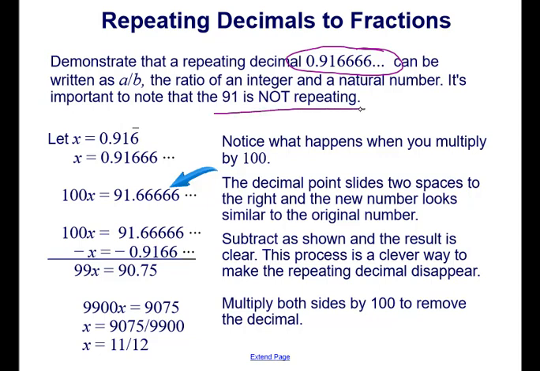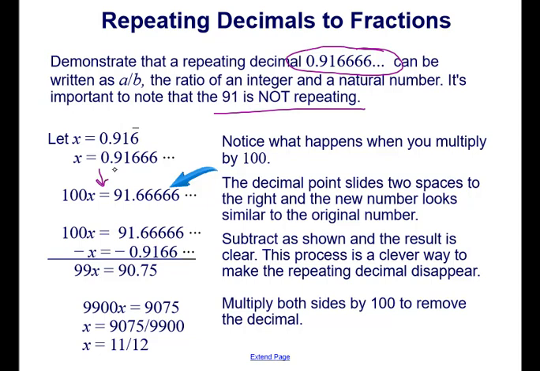It's only the 6. So we're going to define x as 0.916 repeating, or 0.9166666. And again, because there are two digits not repeating, the 9 and the 1, we have to multiply both sides by 100. That will give us 100x equals 91.66666.